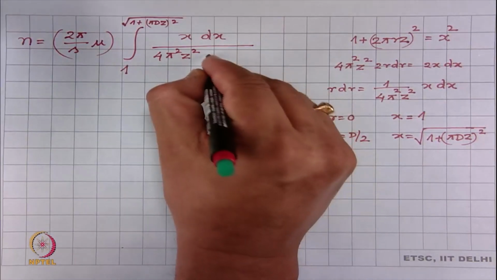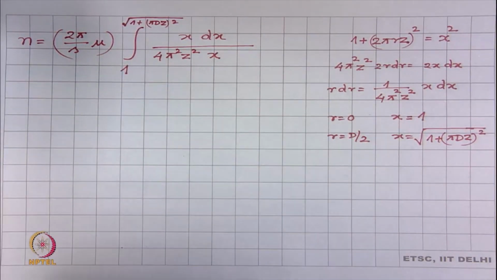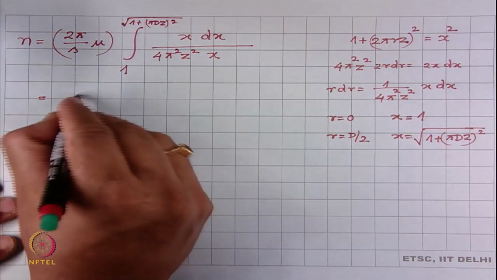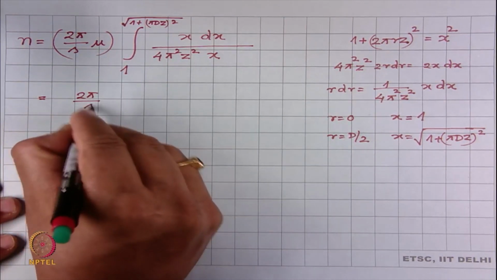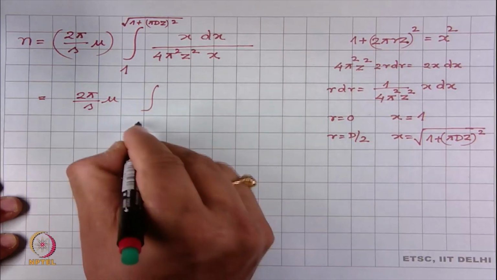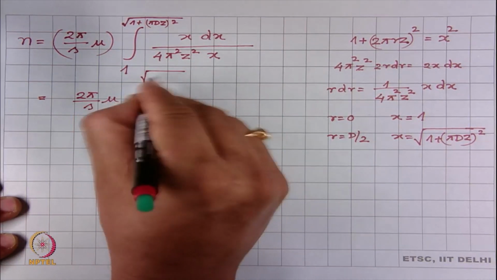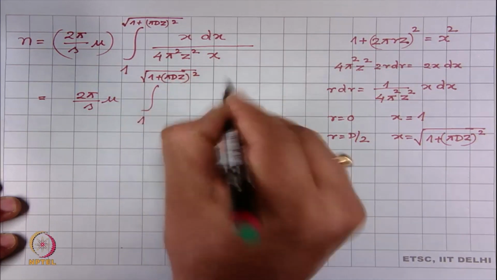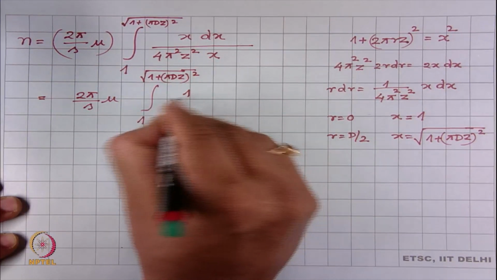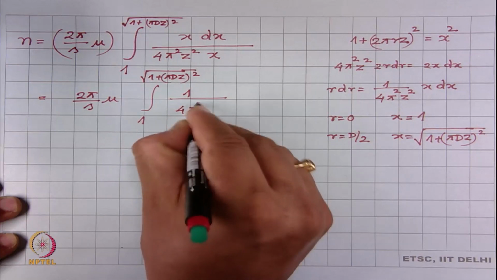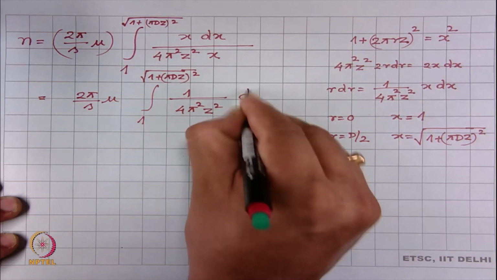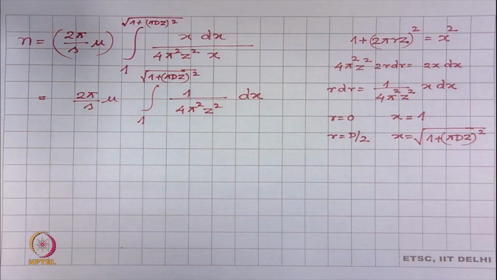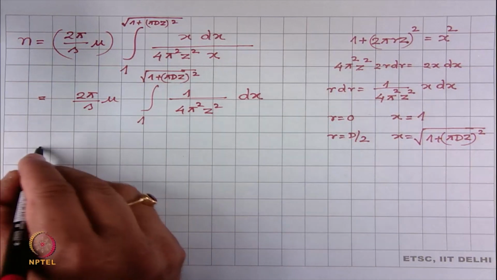So, it becomes simple: 2 pi by s mu, integration from 1 to 1 plus pi dz square, 1 by 4 pi square z square dx. This 4 pi square z square is also constant, so it can come out of the integration.